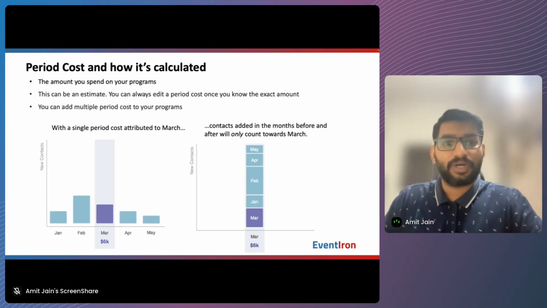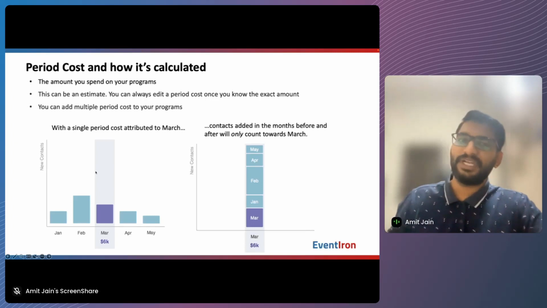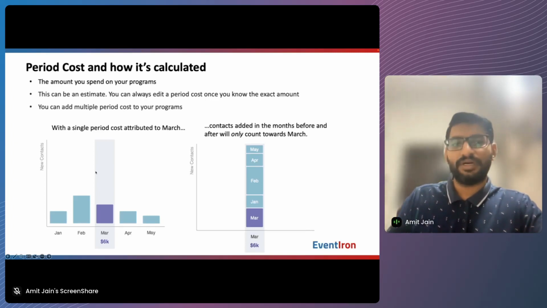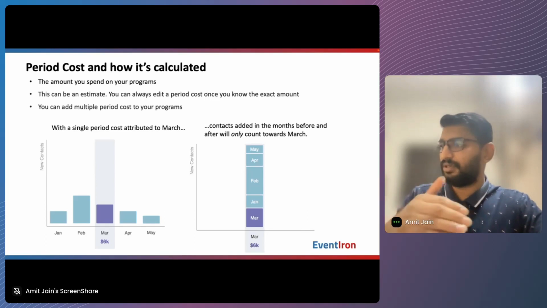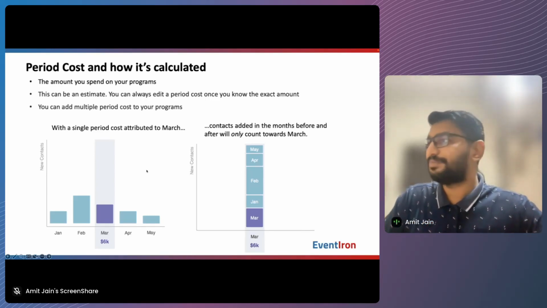You might want to add more spend to that campaign, right? So you can add multiple period costs on multiple months, and based on that you can also calculate the overall ROI.